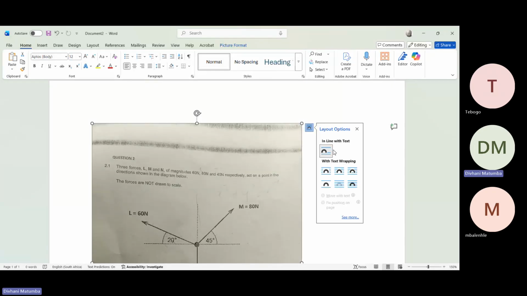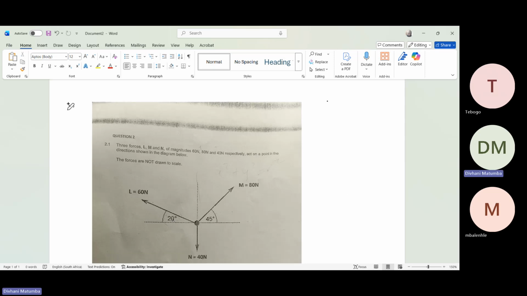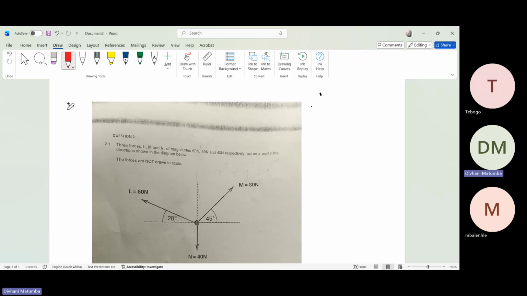Okay. Can you see what is on the screen? Yeah. Okay, no problem. Let me summarize Newton's laws. Newton's first law, F net equals 0.